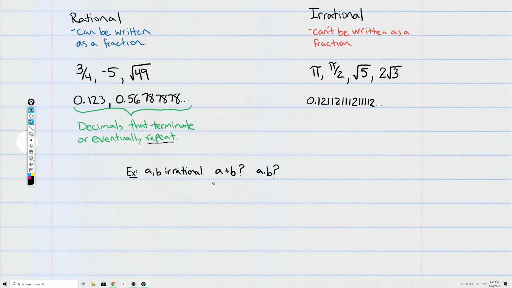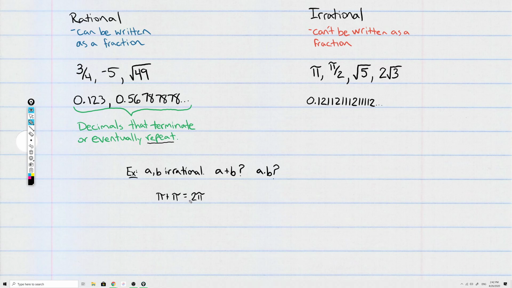What you want to do is go through a series of examples, especially using some of the numbers that I've given you here. So we can pick a couple of irrational numbers and try to add them together. So let's say you have pi plus pi. Well, we're adding 2 irrational numbers, and pi plus pi is 2 pi.